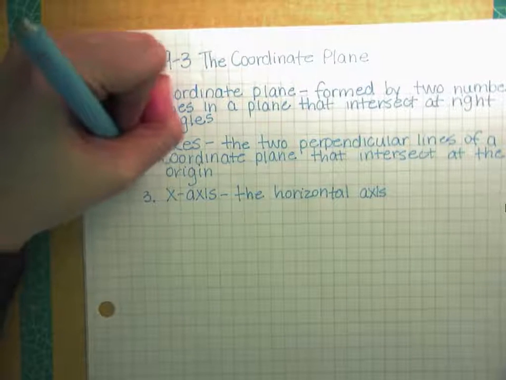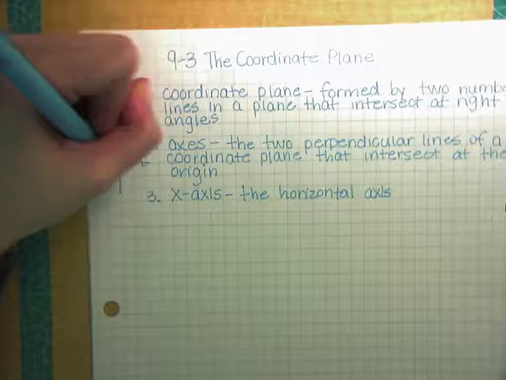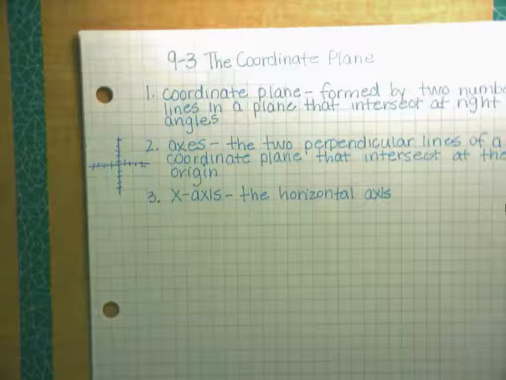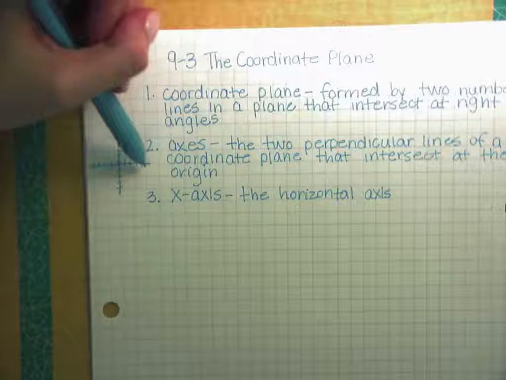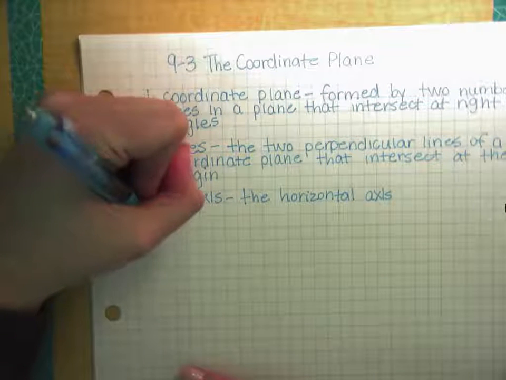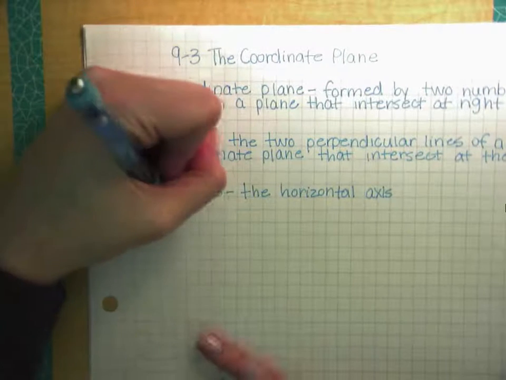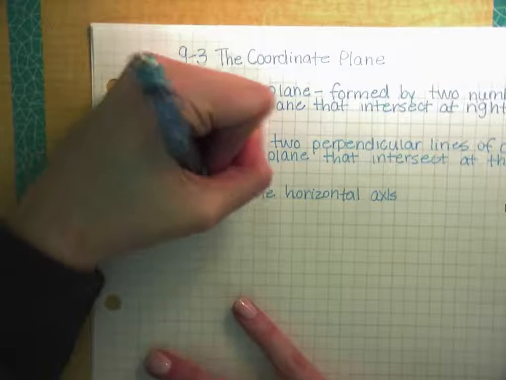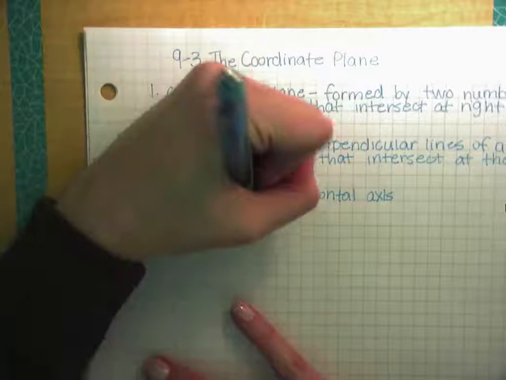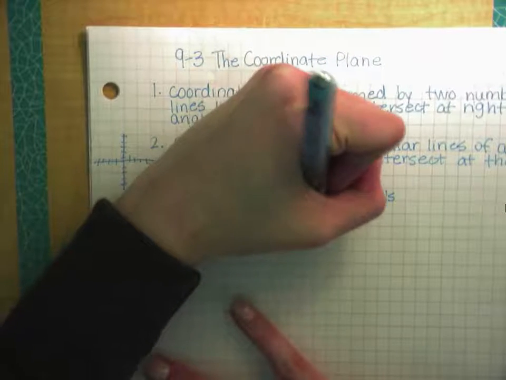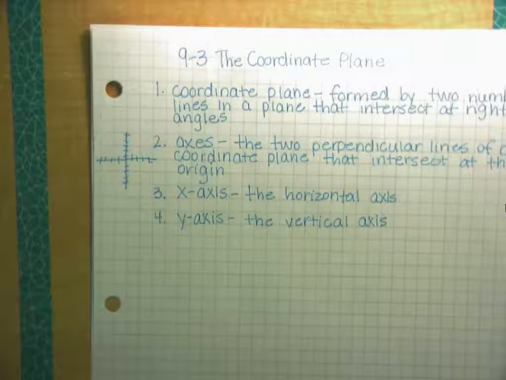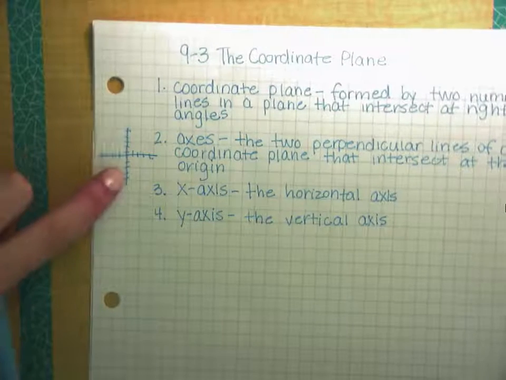It's got these tick marks where we label the x and y axes. So this horizontal axis here is the x-axis. Okay, so the y-axis is going to be this vertical axis. The y-axis is the vertical axis in the coordinate plane.